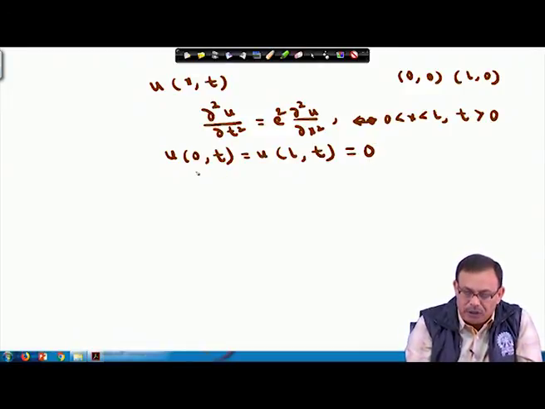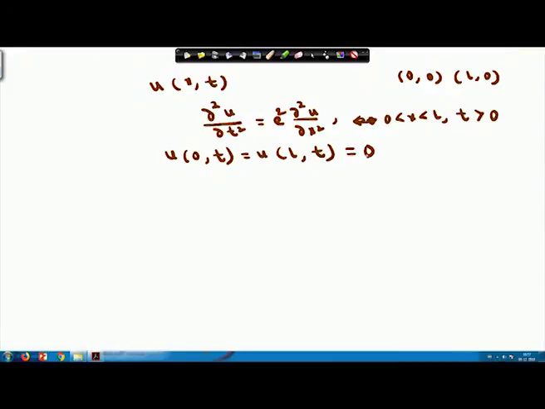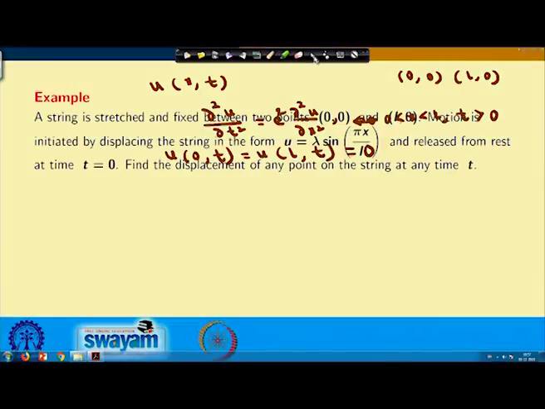So, one condition is u(0,t) equals u(L,t) equals 0, and for the other one, if you see the problem again, we have told that the motion is initiated by displacing the string in the form u equals lambda sin(pi x by L) and released from rest at t equals 0.